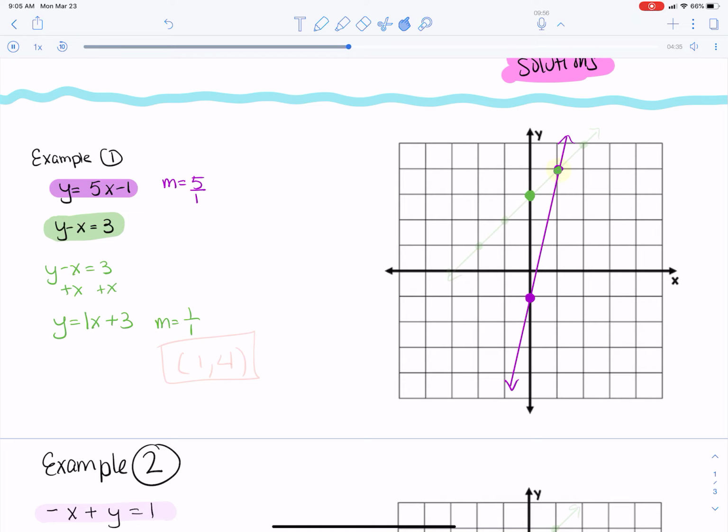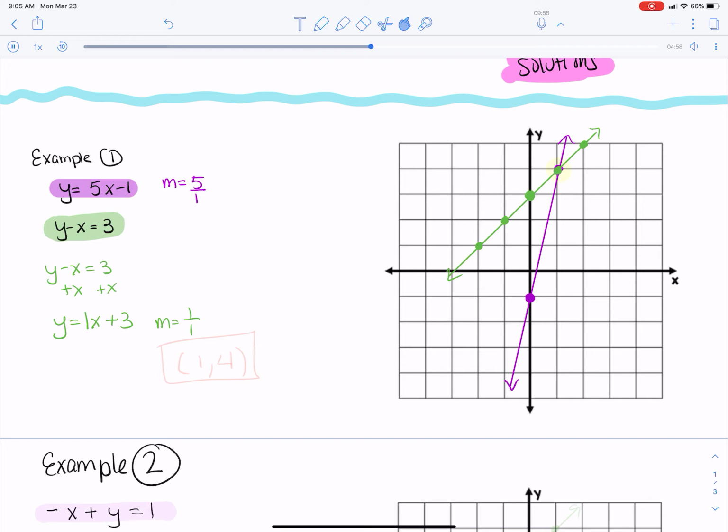And we can keep going in both directions. Now remember, when we're going in the opposite direction, because we're creating a line, we have to go in the complete opposite way. So instead of going up and to the right, I'm now going to go down and to the left. Right, and now we can draw a line through these points.